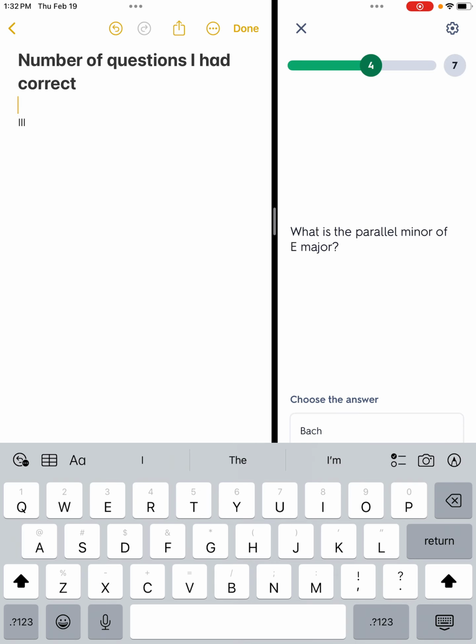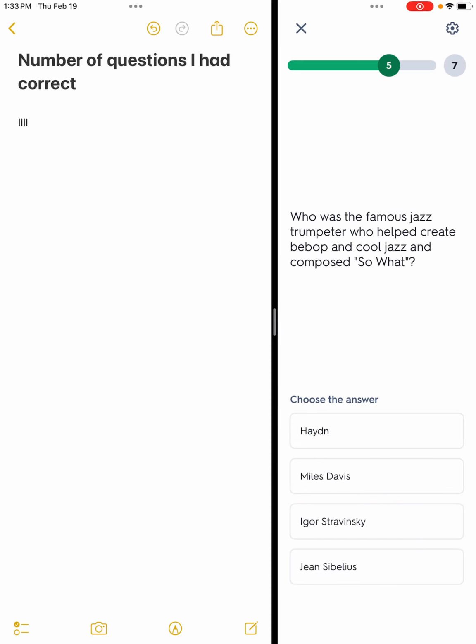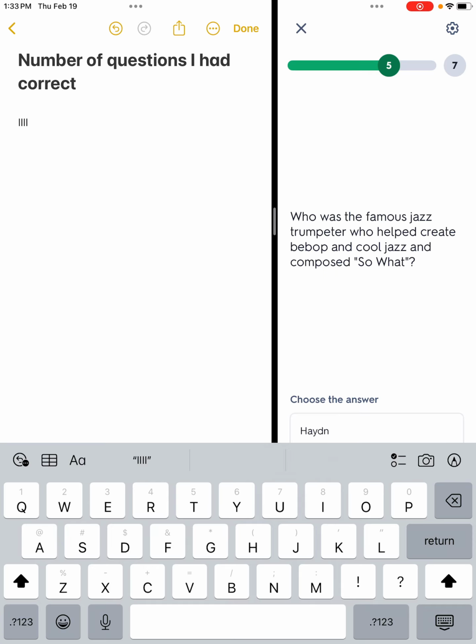That's 4. Keep tallying it in. What is the parallel minor of E major? Wait. Parallel minor. E minor. That is 5. Good. We're getting somewhere.